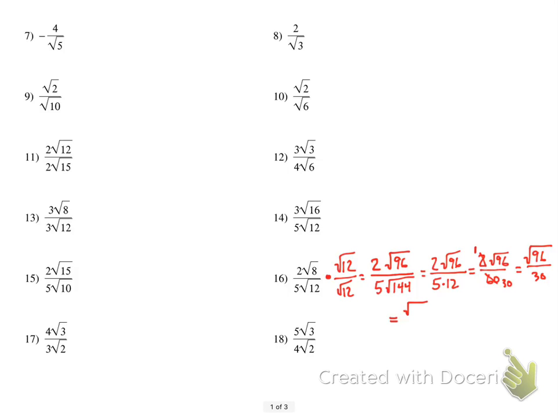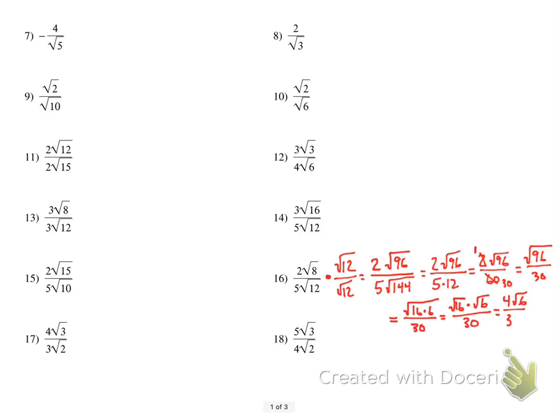So now this is the same as 16 times 6 all over 30, which, just as a reminder, that's the same as square root of 16 times the square root of 6 all over 30. All right, what is the square root of 16? 4.